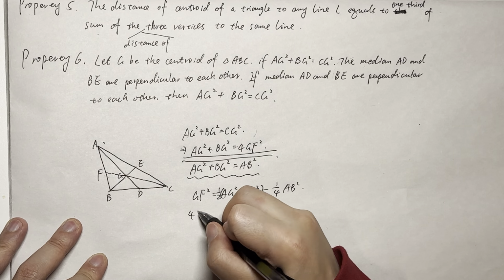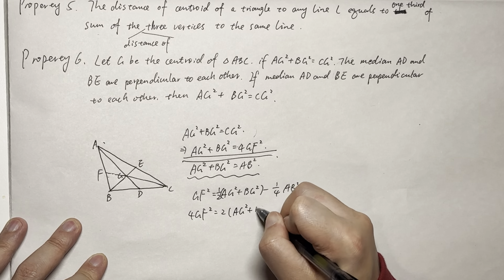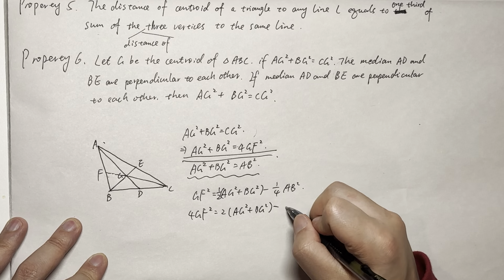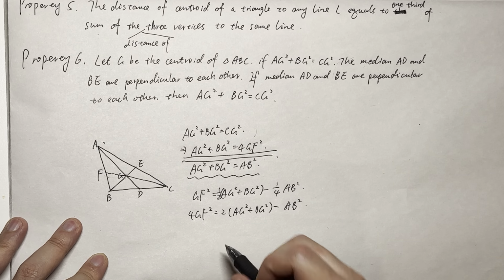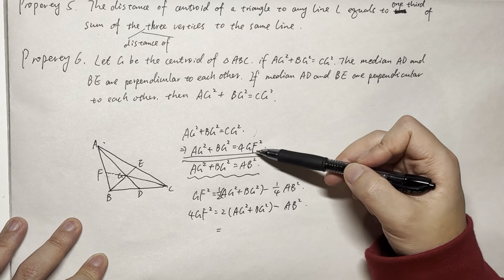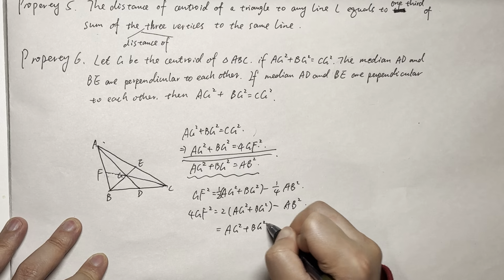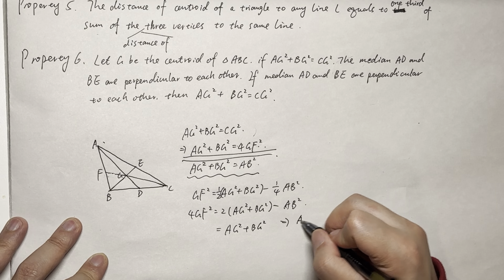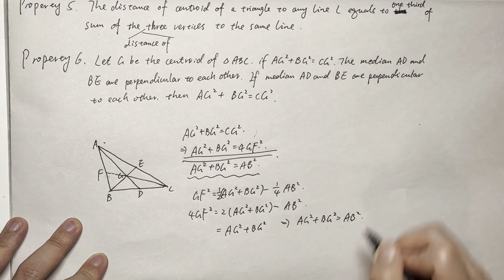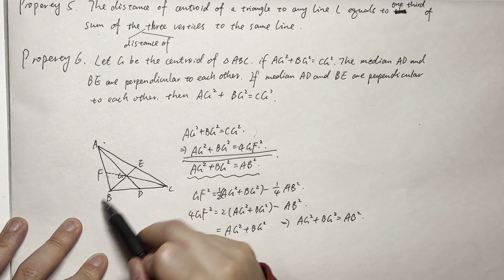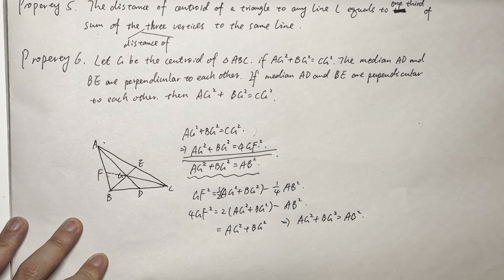So 4GF squared equals 2 times (AG squared plus BG squared) minus AB squared, right? And we know this equals AG squared plus BG squared, which means AG squared plus BG squared equals AB squared, which means AG is perpendicular to BG.